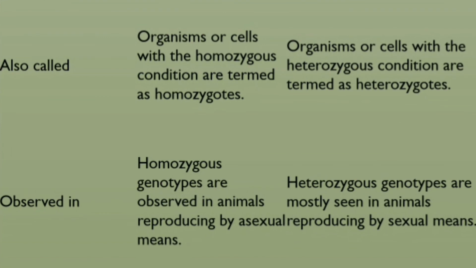Organisms or cells with homozygous condition are known as homozygotes, whereas the organisms or cells which have the heterozygous condition are known as heterozygotes. The homozygous condition is observed in animals that are reproduced by asexual means, whereas the heterozygous condition is seen in the animals which are produced by sexual means. That is, homozygous is seen in asexual reproduction, whereas heterozygous is observed in the case of sexual reproduction.